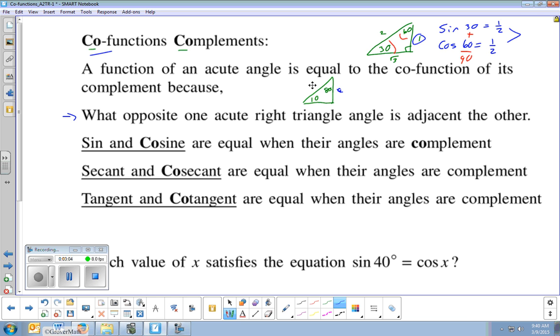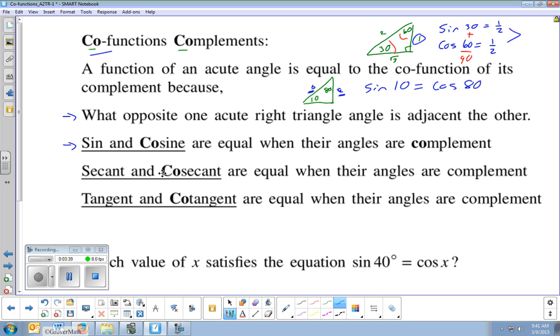Let's call it A over B. Sine of 10 is A over B. Well, cosine of 80 is also A over B. So you end up with sine of 10 equals cosine of 80, because sine of 10 is this over this, and cosine of 80 is also this over this. So sine and cosine equal each other when their angles are complementary. And that's what we start to get into here. That sine and cosine are equal when their angles are complements.